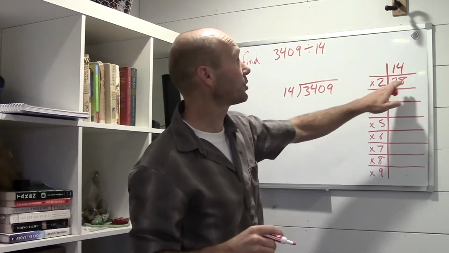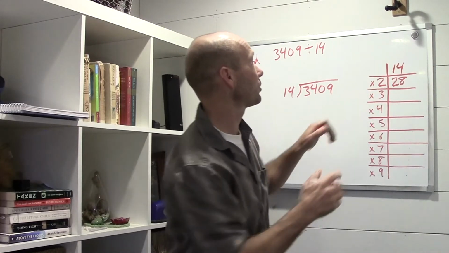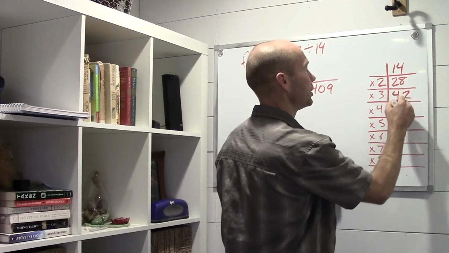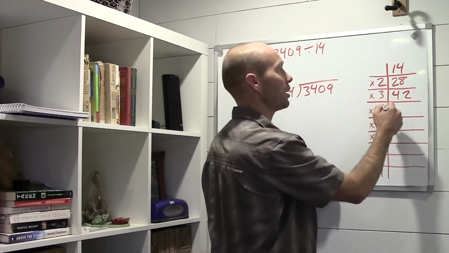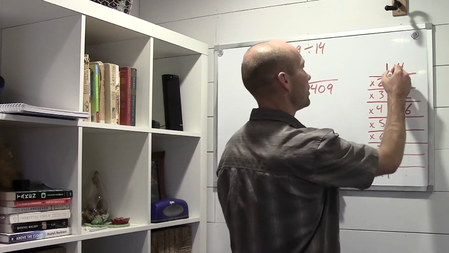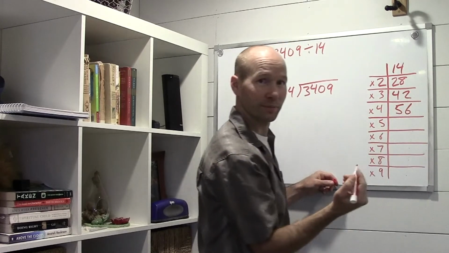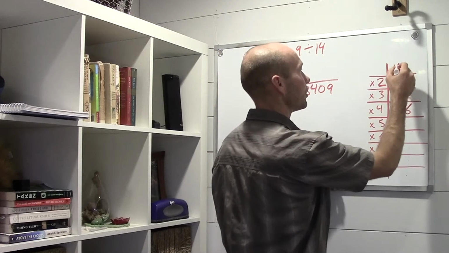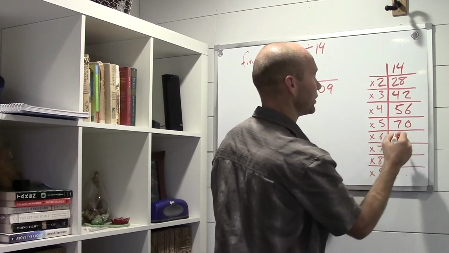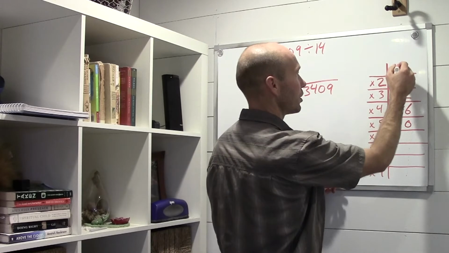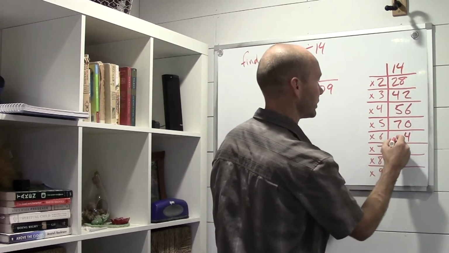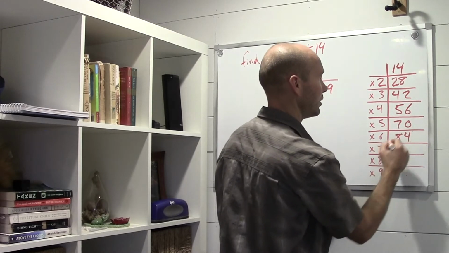Alright, so 14 times 2 is 28. 14 times 3, 4 plus 8 is 12, and 1, so I get 42. 14 times 4, 4 times 4 is 16, and 1 times 4, so I get 56. 14 times 5, 4 times 5 is 20, 1 times 5, I get 70. 14 times 6, 4 times 6 is 24, 1 times 6 is 6, so I get 84.